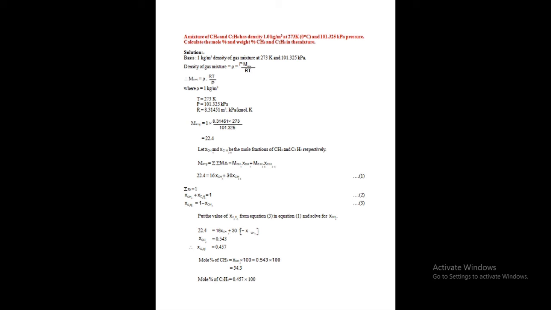From this we want to calculate the X CH4 value. Reduce this expression and you find X CH4 value 0.543. This is the mole fraction of methane. Once you get the methane value, we have expression number 3. Substitute the value of X CH4 in expression 3 and find X C2H6. Okay, are you clear?